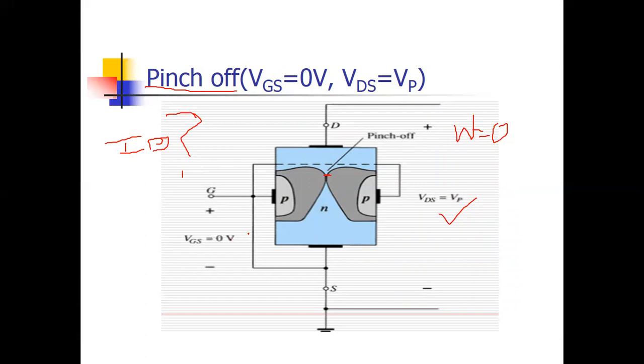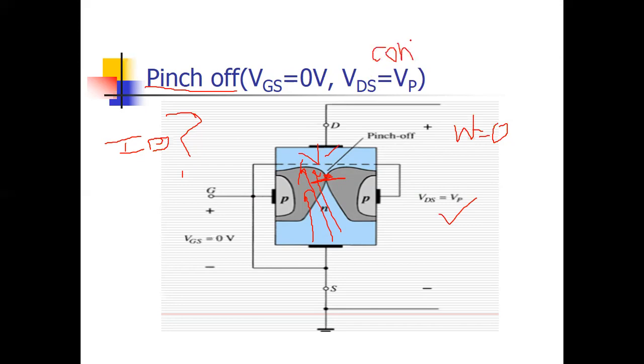See, ideally, if you think the current is 0, no. Since the channel is not there, but due to this depletion region and this positive voltage, a barrier potential occurs between this region and this. Then this potential attracts electrons to this side, and the current flows in this condition also, but that current will be constant, meaning it will not increase.